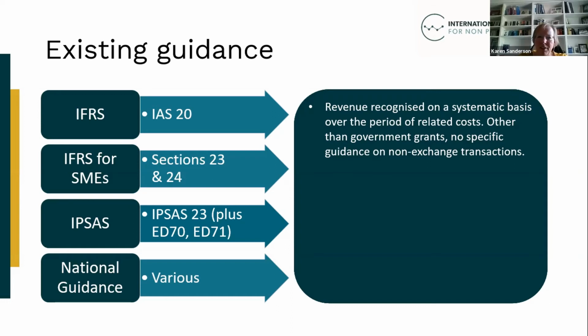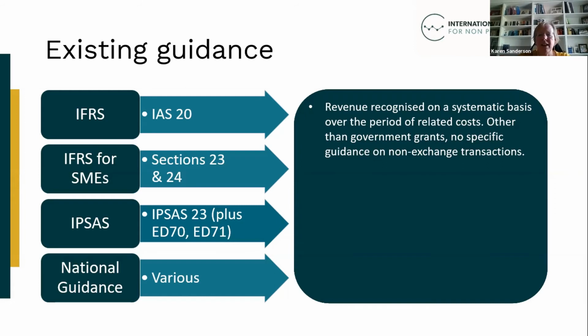You might think that's relevant to the question that Monica asked earlier. IAS 20 also allows grant revenue provided for capital assets to be recognised over the life of the asset by deferring in the statement of financial position or by deducting the grant when determining the carrying amount of the asset. So IAS 20 is very much focused on government grants.